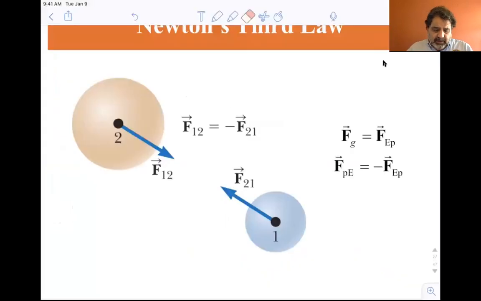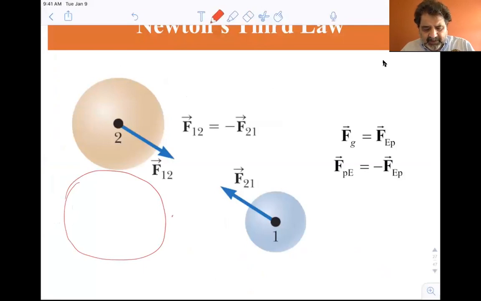So let's just say you have the Earth, and you have this tiny little projectile. So we know that the force of the Earth on the projectile is equal to minus the force of the projectile on the Earth.